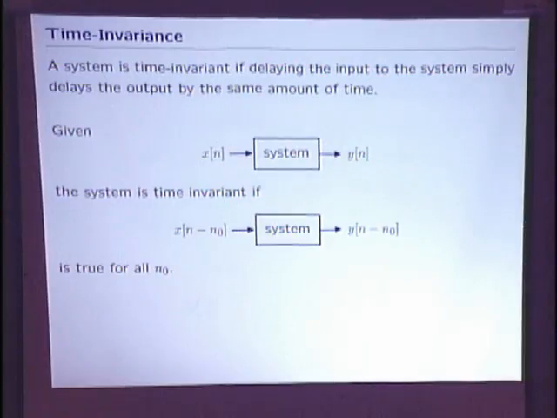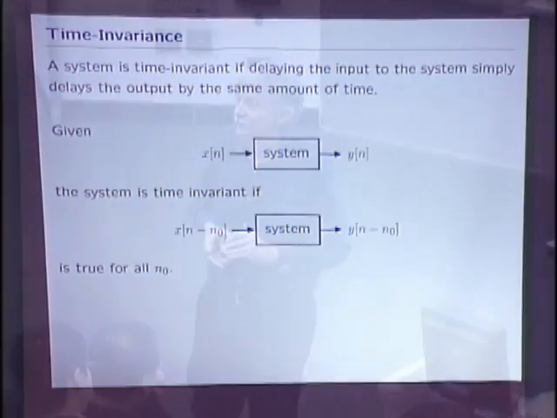Time invariance has a similar formal definition. We will call a system time invariant if, given that the response to x of n is y of n, a shifted version of the input simply shifts the response.